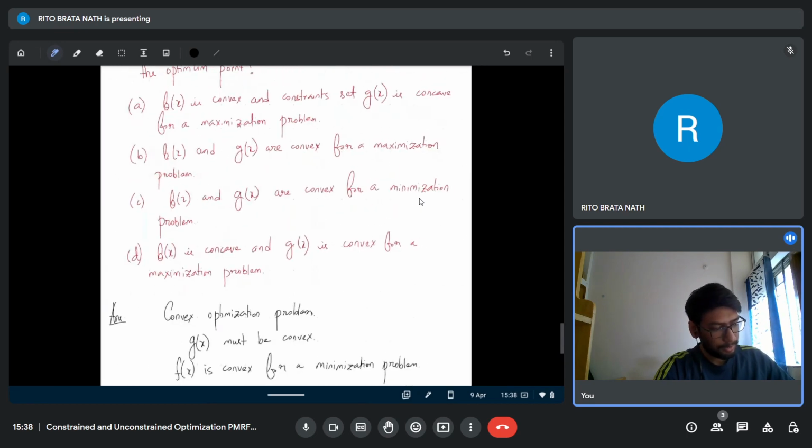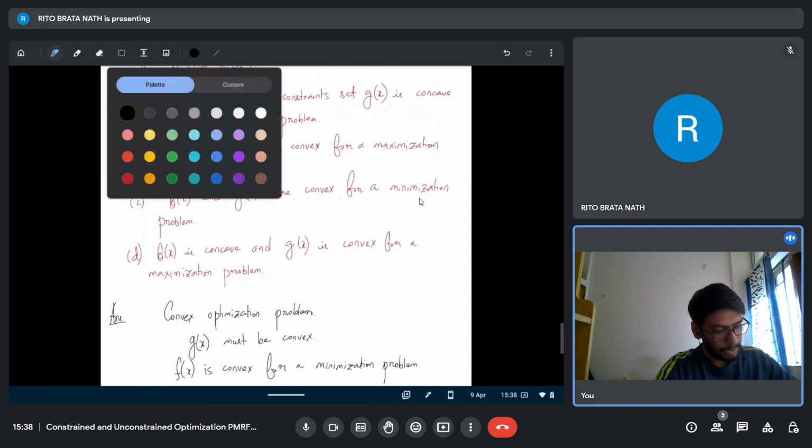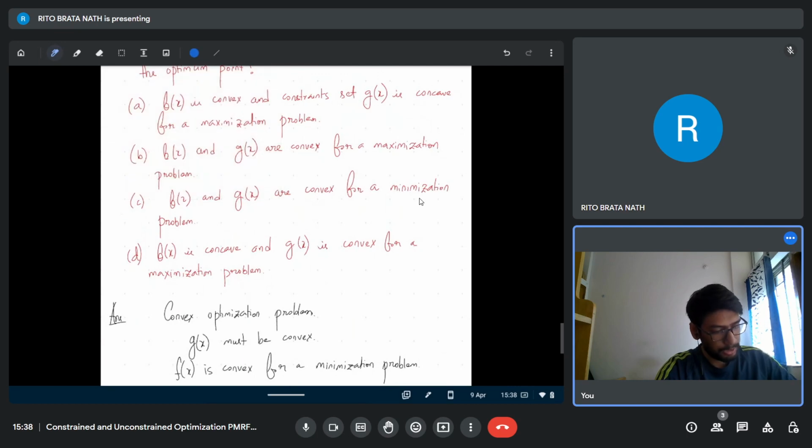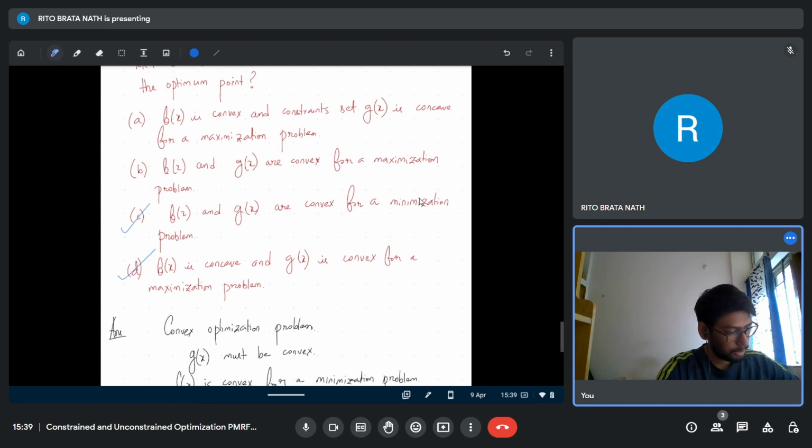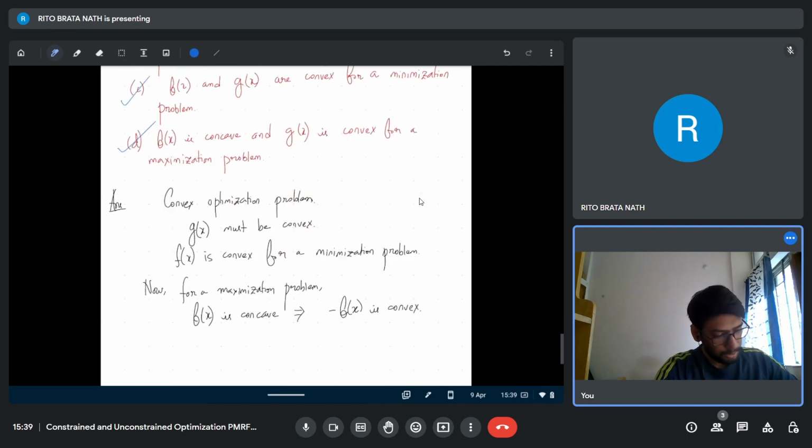So by looking at this, you can tell that option C would be correct, and option D is also correct because you can convert it into a convex optimization problem. But the other options are not correct because either g(x) is itself concave or the objective function becomes concave in the case of a minimization problem. So the answer is option C and D. So these are your answers.